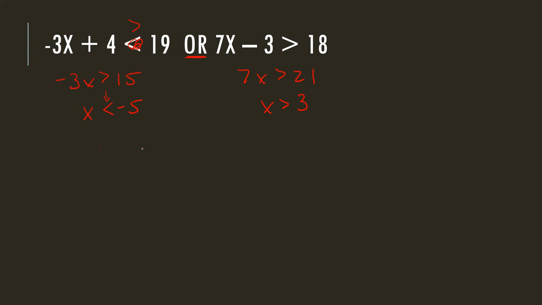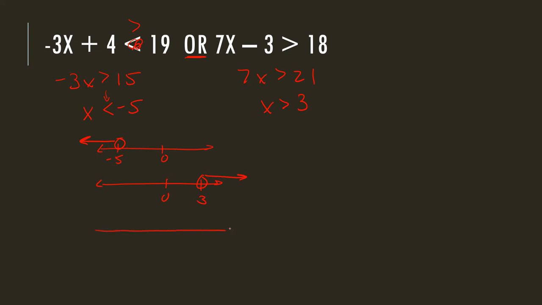If I graph this first one, 0, negative 5, less than negative 5 is over here. If I graph the second one, and again I'm going to put it underneath so we can compare them, greater than 3. In this case there is no place where x can be both less than negative 5 and greater than 3.